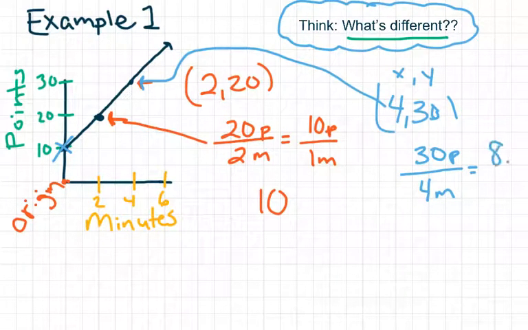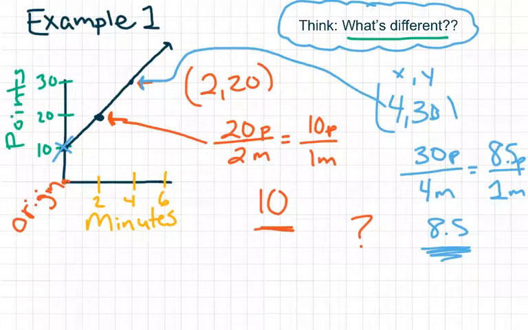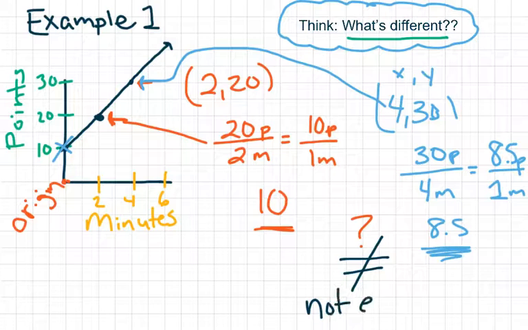When I solve that, 30 divided by 4 would be 7.5 points per 1 minute. Well, if this unit rate is 7.5 and this unit rate is 10, are these equal to each other? No, they're not. So we make an equal sign and we put a slash through it, which means they are not equal.